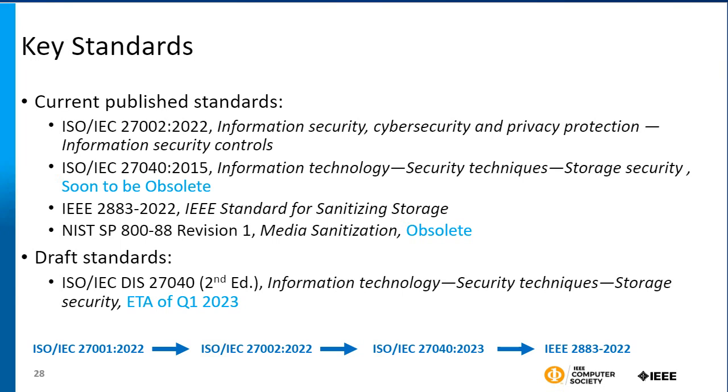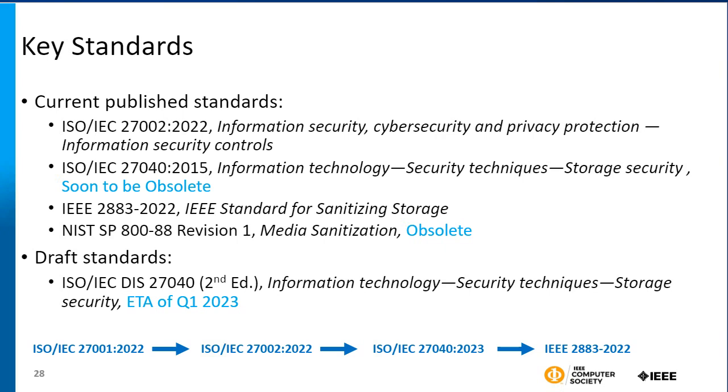So what we're seeing now, and it's sort of the very bottom here, you see I've got 27001 basically pointing at 27002. 27002 is pointing at 27040, and 27040 is definitely pointing at 2883 with regard to sanitization. Now, the reason this is all important is look at the dates of these documents. So 27001, I've got it marked as 2022.